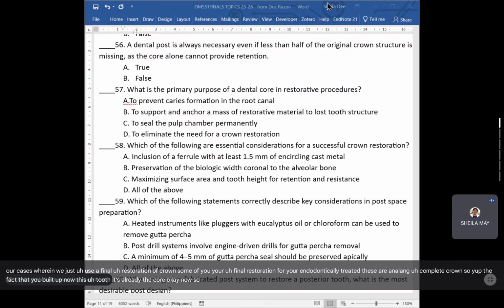Of course, the core can be made up of different materials. It's not just your composite build up, but it's just one of them. So of course, you can have other materials for this.